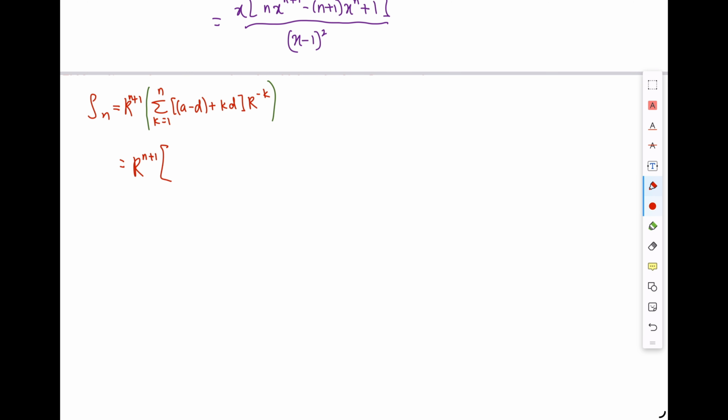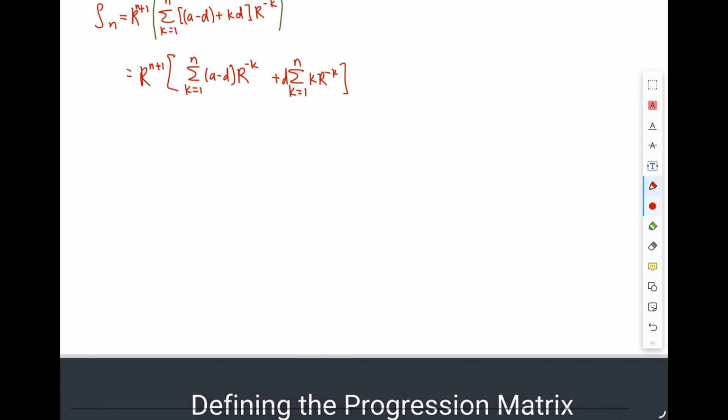multiplied by summation k equals 1 of (a minus d) r power negative k, plus summation k equals 1, take out a d, k r power negative k. Right? So we have already said that this is a GP.